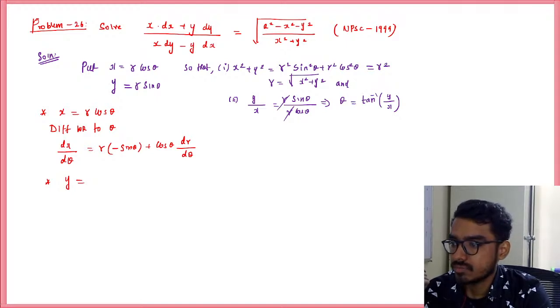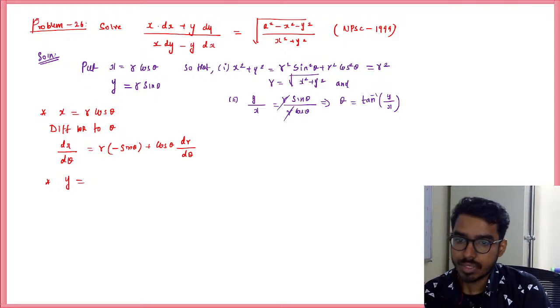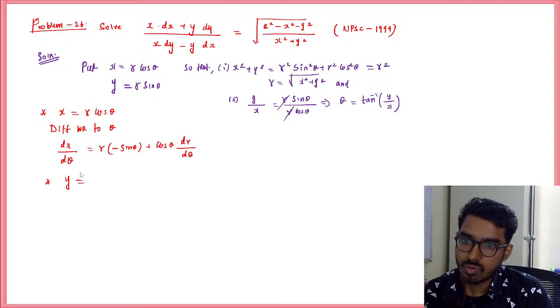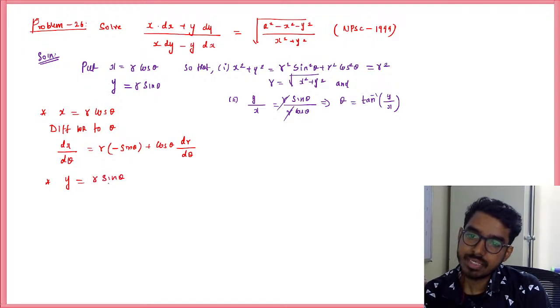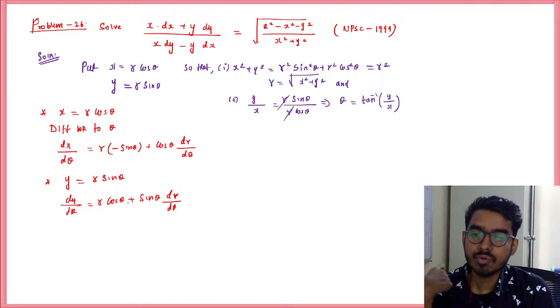And we have y equal to r sin theta. What about dy by d theta? So the derivative of sin theta is cos theta, plus sin theta into dr by d theta. Right? Make use of the product rule.